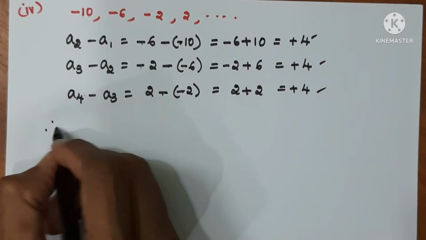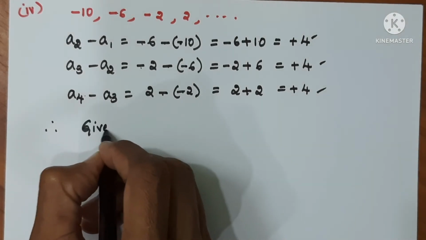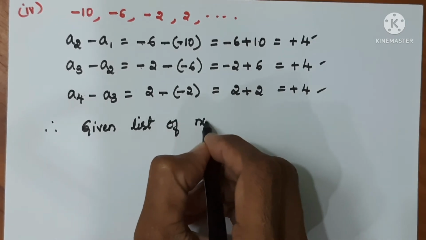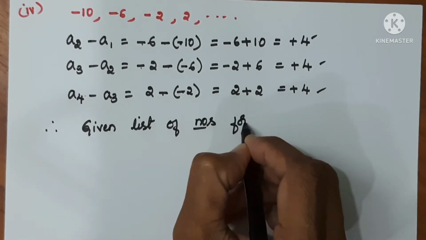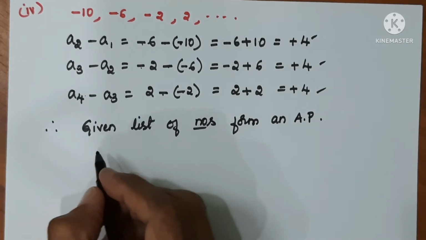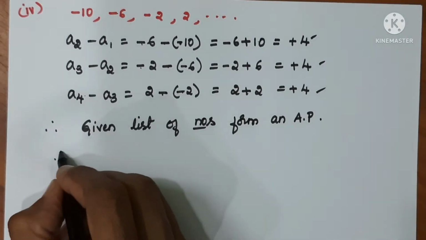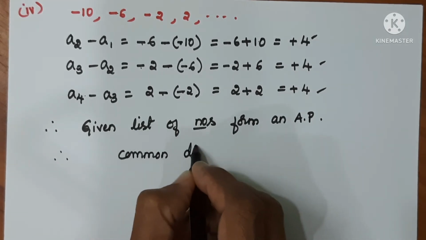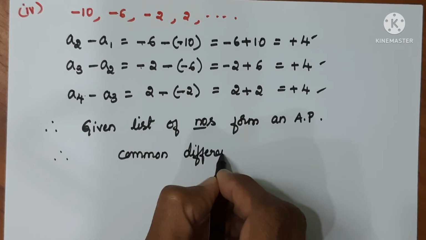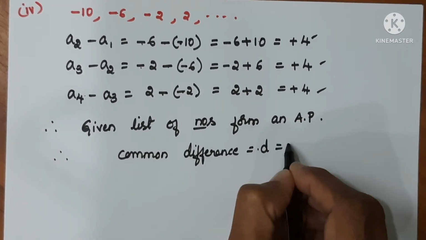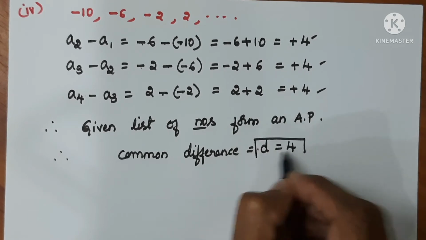Hence, the given list of numbers forms an AP. And also the common difference. Therefore, common difference D equal to plus 4. This is the common difference.